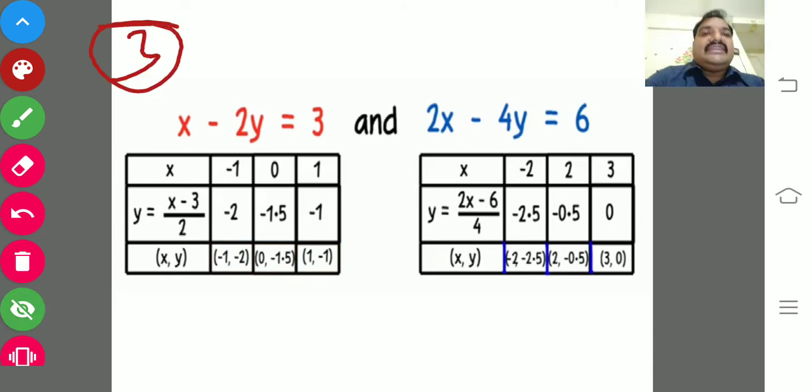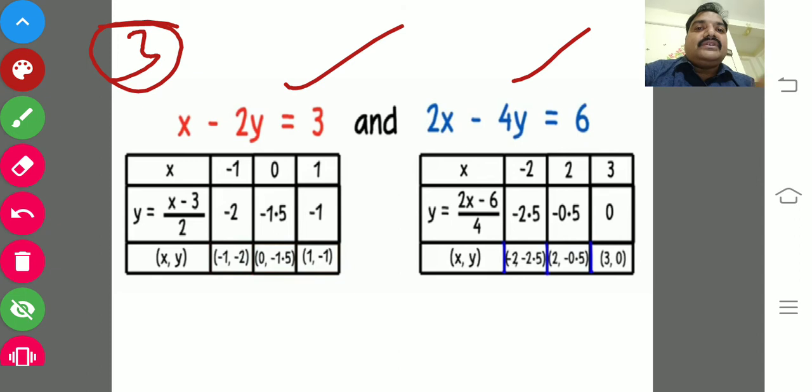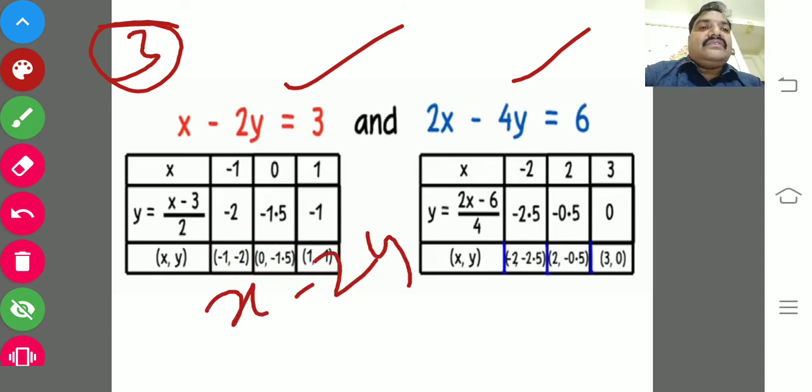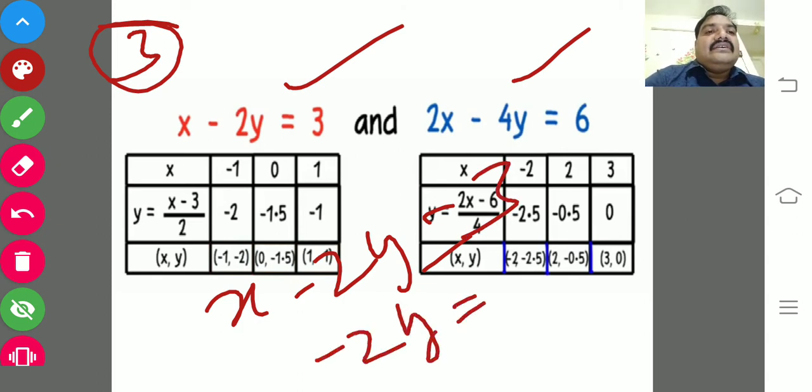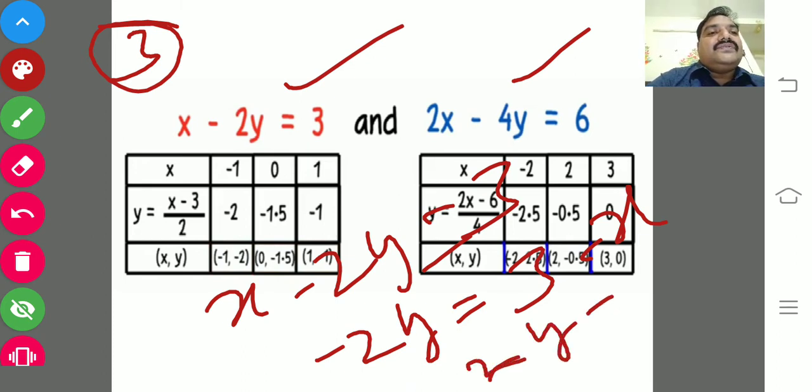Here I have taken two equations as usual: x minus 2y equal to 3 and 2x minus 4y equal to 6. So for x minus 2y equal to 3, make y the subject. Minus 2y equals 3 minus x; multiplying by minus 1, 2y equals x minus 3.